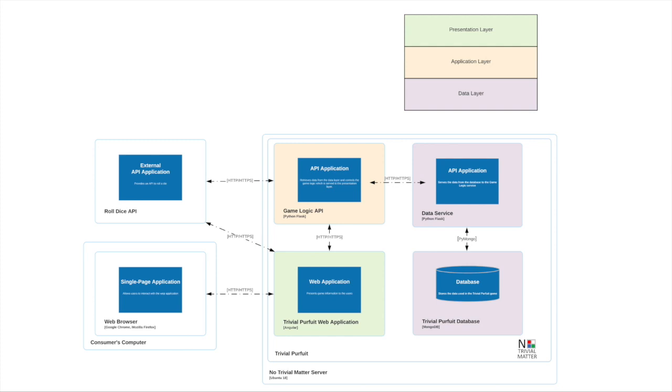The data layer handles all requests for database information. Stored in the database are all Trivial Pursuit questions and categories. As seen in the diagram, all requests take place over the HTTP protocol, with the exception of requests between the data layer and the database, which are handled via the PyMongo Python library.